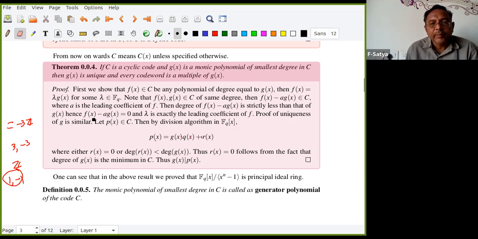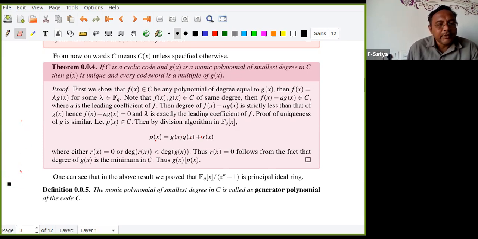I will not take the zero polynomial, right? Monic polynomial of smallest degree I told, right? I will not take the zero polynomial. That is very much understood from the statement. So how many polynomials are there of smallest degree now, if I remove monic? F_q minus 0 cardinality, I take any polynomial, multiply by that. So uniqueness will be gone. So that is the reason we take a monic polynomial.